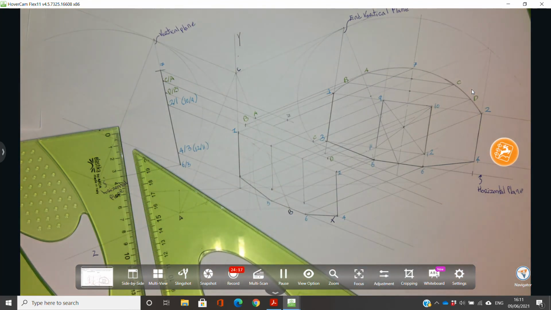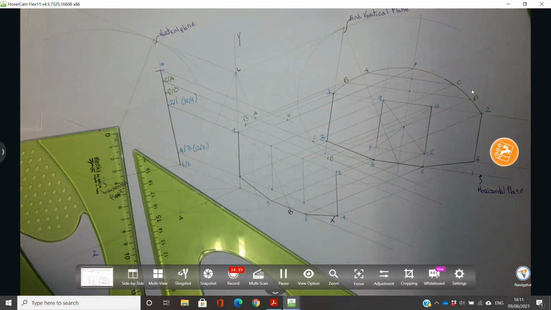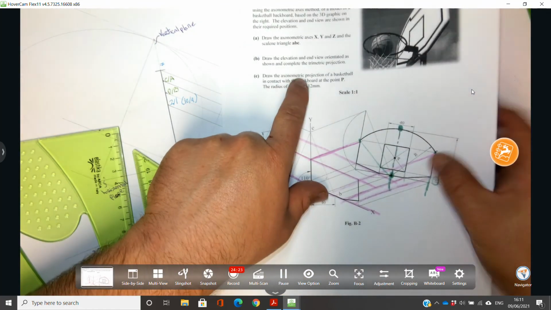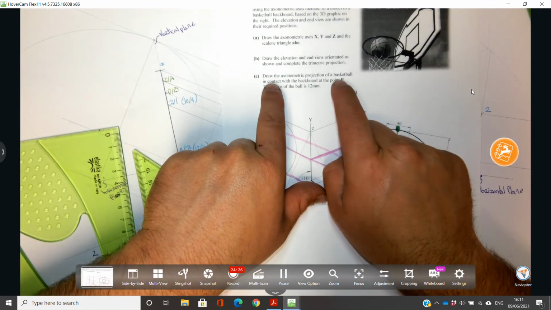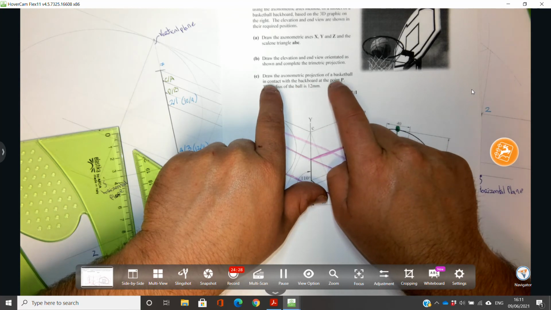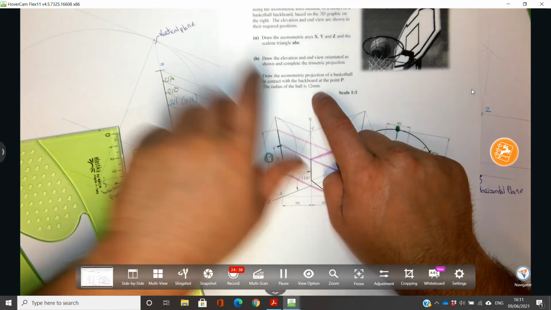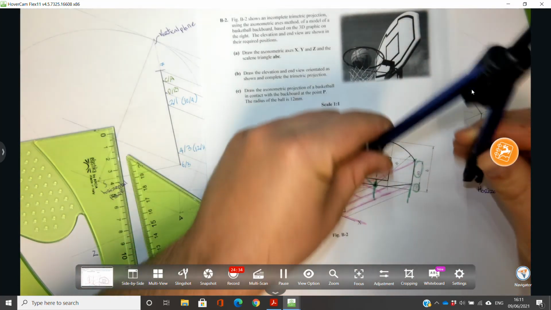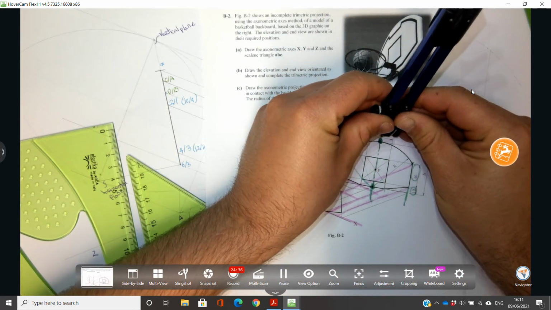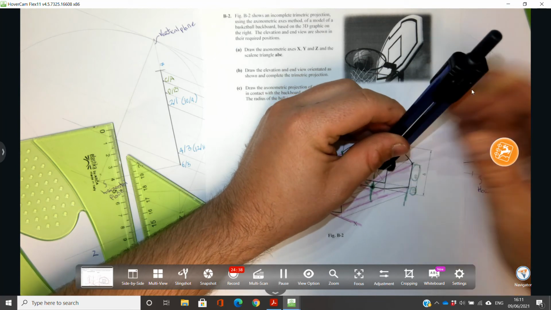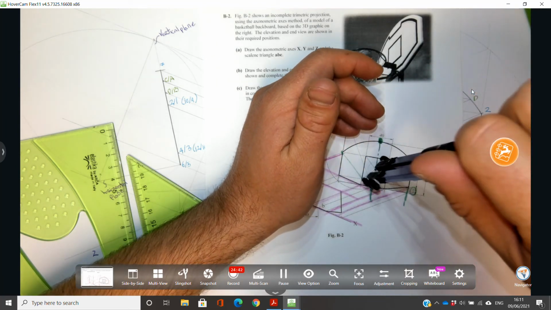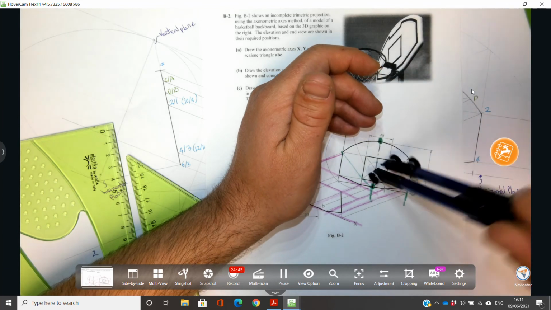Alright, what I'm going to do now is part C, the basketball board. Right, so part C, draw the axonometric projection of a basketball in contact with the backboard at point P. The radius of the ball is 12 millimeters. So right here is the ball, touching the backboard.